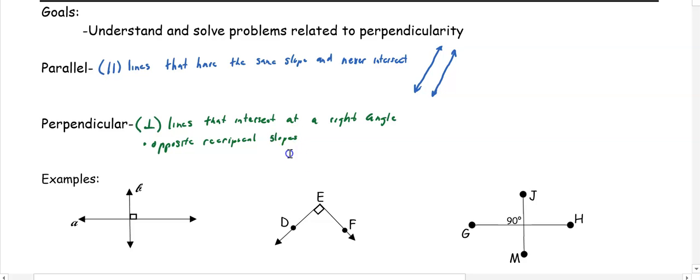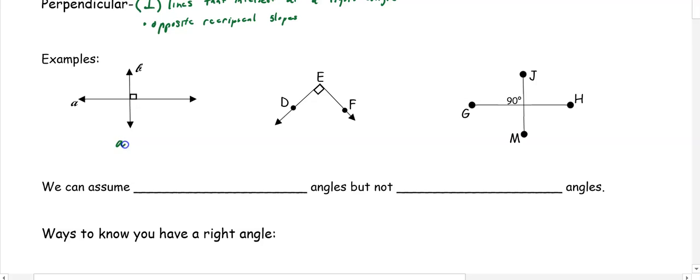So here's a couple examples. We have that A is perpendicular to B. Here we know that this is a right angle because it's got our little box. So ray ED is perpendicular to ray EF. And then our last one, we have a 90-degree angle. So we know that segment GH is perpendicular to segment JM.